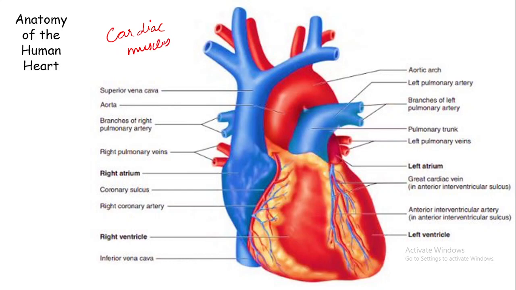No other organ in the body has this muscle. So it's only cardiac muscle. Why is it so? When we study skeletal muscle, we'll come to that in the locomotion chapter or in structural organization in animals, but I'm sure all of you have a brief idea.